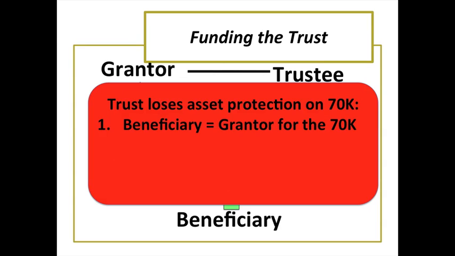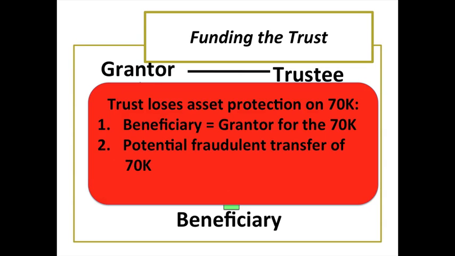So now grantor equals beneficiary equals loss of asset protection. Number 2, we've got a potentially fraudulent transfer of $70,000. And number 3, we got the nominee issues where we made transfers for inadequate amounts of consideration. So any transaction that you engage in with your trust has to be done on a commercially reasonable basis.